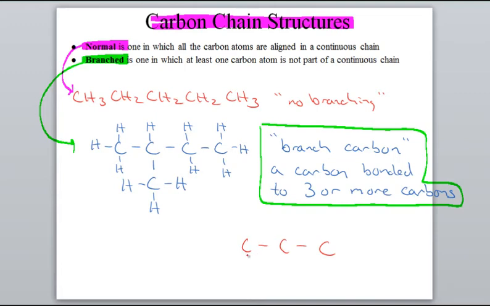If you're going to create a branch, again, you can never start creating a branch from the end carbons. Just because you point it up or point it down, that's not a branch point. But the carbon that you can start making a branch point on is bonded to 2 or more carbon atoms. And just like the one up above, we can put a carbon there. You can put a second carbon there. So there's a branch coming one way there and going that way there. Those are 2 different branches.